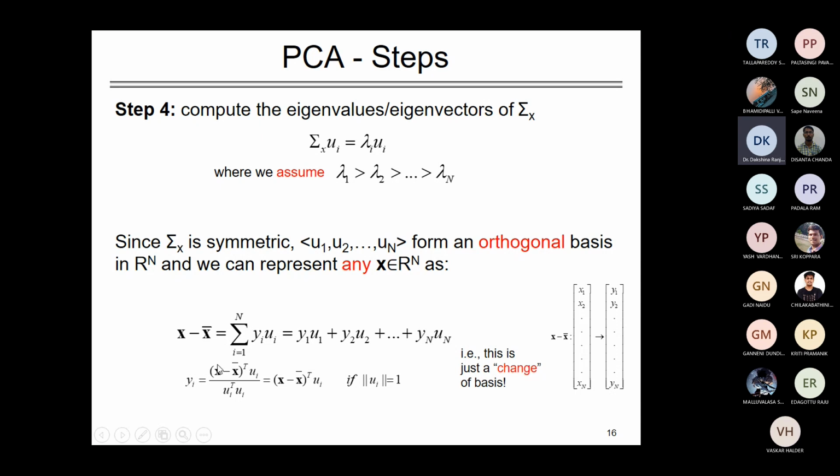For n features or n attributes, we get this linear combination of yi and ui. When we compute the principal components in terms of eigenvectors and eigenvalues, you have to remember the relation sigma x ui equals lambda ui.